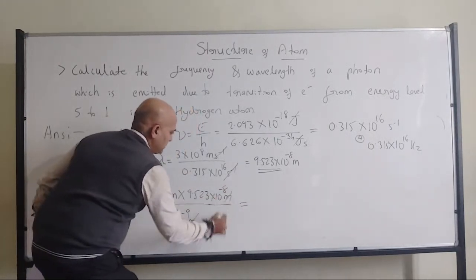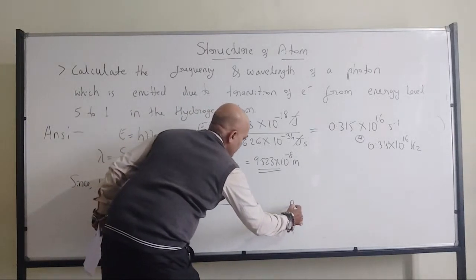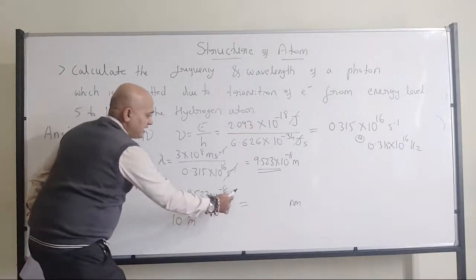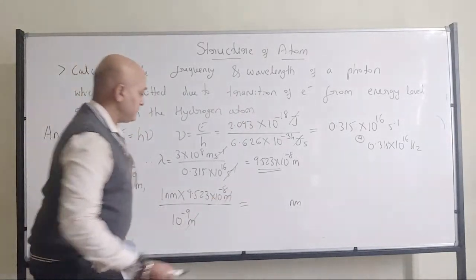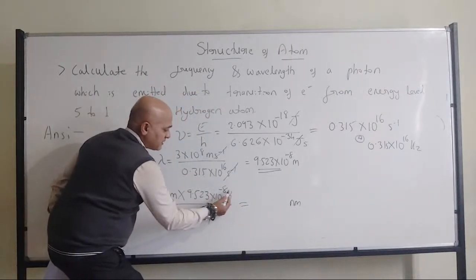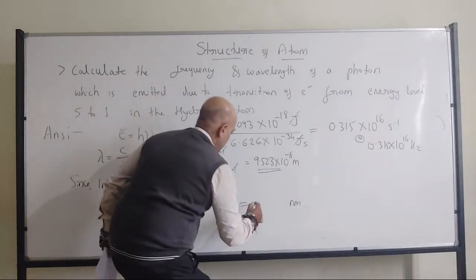Meter will get cancelled. It will be in terms of nanometer. 10 to the power of minus 9, if I take it here, it will become plus 9. So naturally it should be plus 9 minus 8. So it will be 1, 10 to the power of 1.